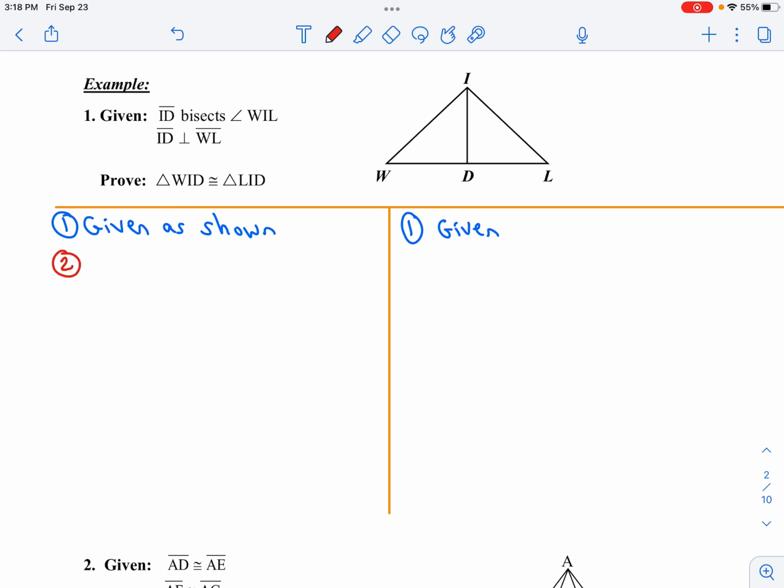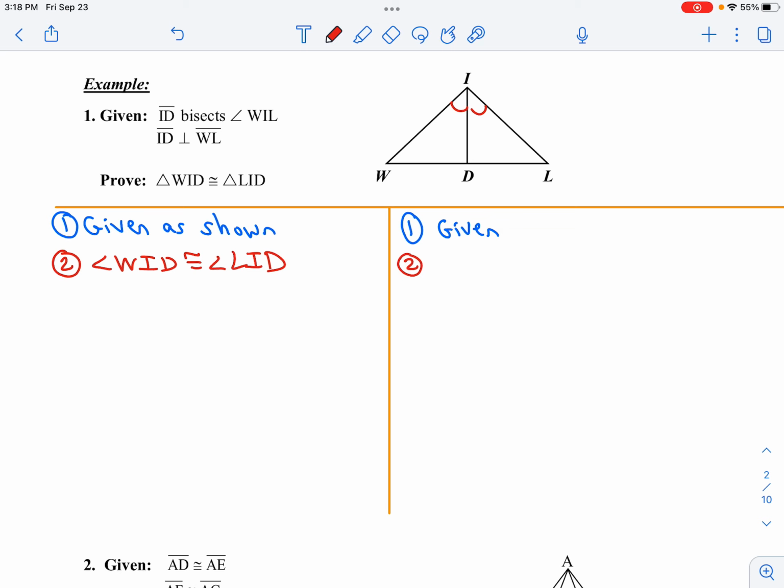So in any order you want to, I'll just go in order. ID bisects angle WIL. I'm going to put some tick marks, and then I'm going to make this statement. Angle WID, the width, is congruent to angle LID, the lid. Oh, the width and the lid is probably part of a Dr. Seuss book. And now here we go.